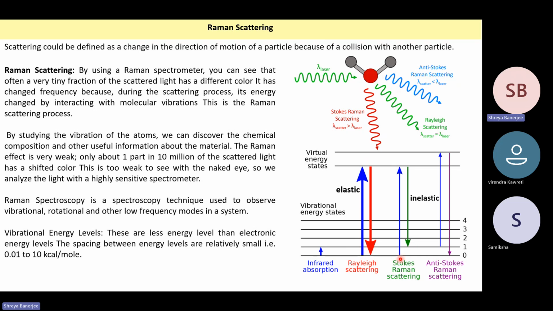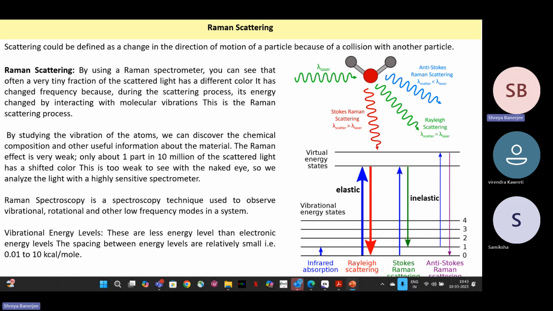Now, if the initial energy is higher and the final energy is lower, this forms Raman scattering. So in a scattering phenomenon, if the energy absorbed and emitted are equal, then it is called Rayleigh scattering. And if the energy absorbed and the energy emitted are different, then it is called Raman scattering.